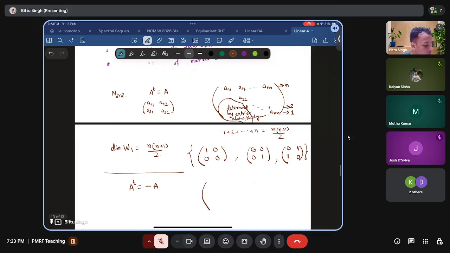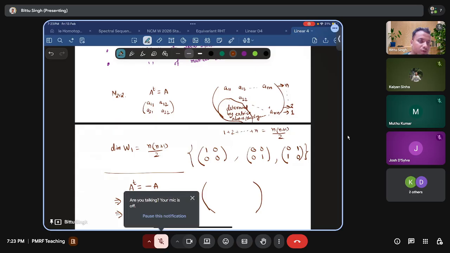What will the diagonal entries be in this case? By this condition, Aij is the same as minus Aji. So using this we are getting Aii is 0. That is, the diagonal entries vanish in this case.